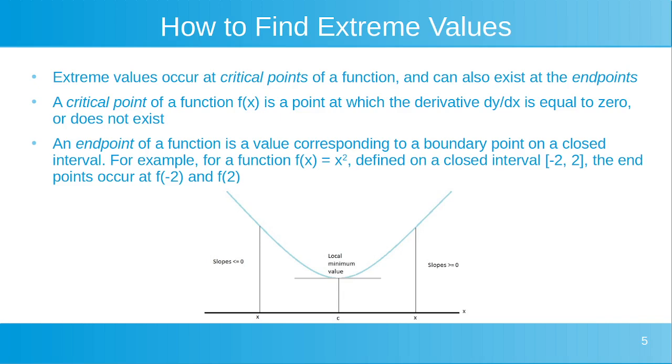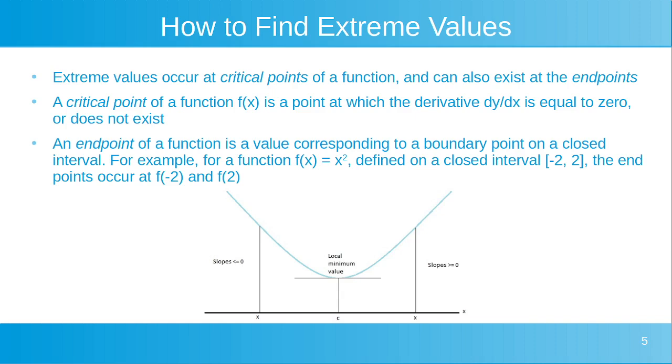But right at the bottom of that trough in the function, the bottom of that valley, right at the center, there's a point where the function is not climbing and it's not dropping as x increases either. It's just flat.